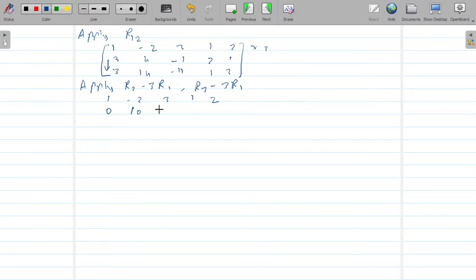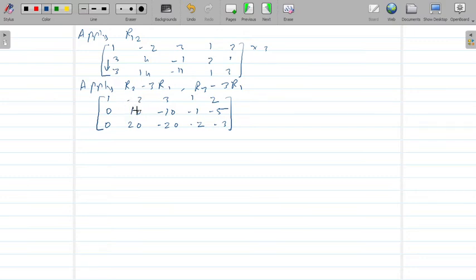Minus 1 minus 9 is minus 10. Then 2 minus 3 is minus 1 and 1 minus 6 is minus 5. Next is 0, 3 minus 3. Now 14 plus 6 becomes 20. Minus 11 minus 9 is minus 20. Then 1 minus 3 is minus 2 and 3 minus 6 is minus 3. So this is your augmented matrix. Now we have got all entries below A11 equal to 0.